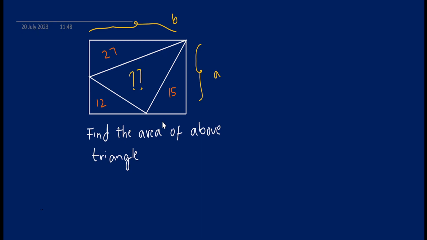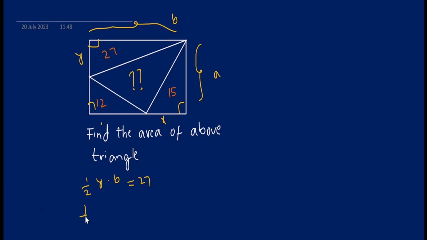Let's say this is X and this one is Y. As you all know, these are right angle triangles, and you know the formula for the area of a right angle triangle: half into base into height. This has to be 27 because of this 27. Now this is b minus x and this is a minus y.